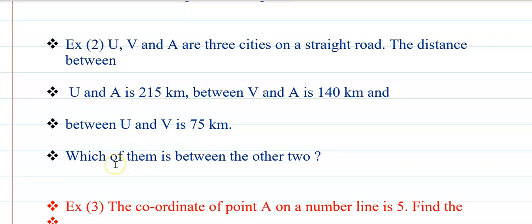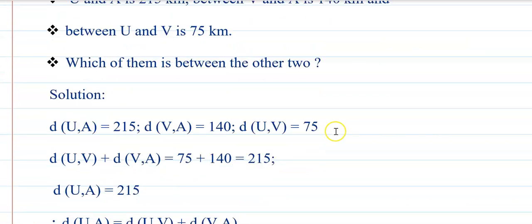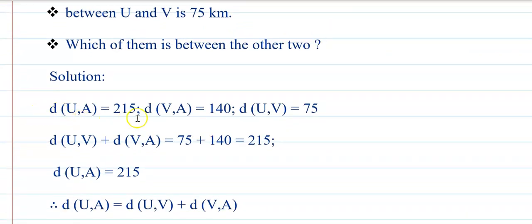Which of them is in between the other two? Now we are given that distance UA is equal to 215, distance VA is equal to 140, and distance UV is equal to 75.